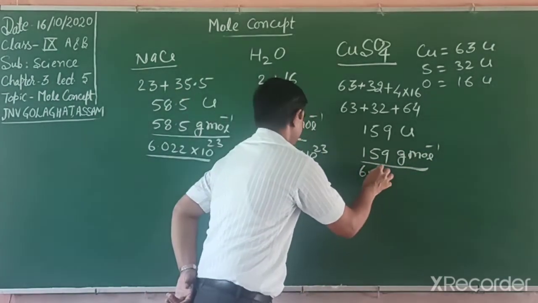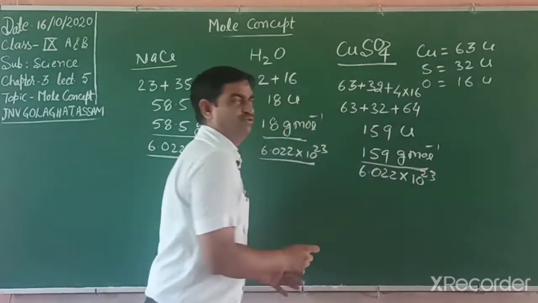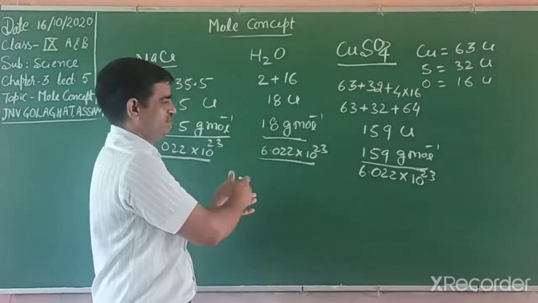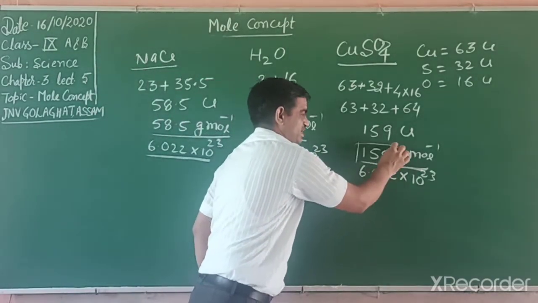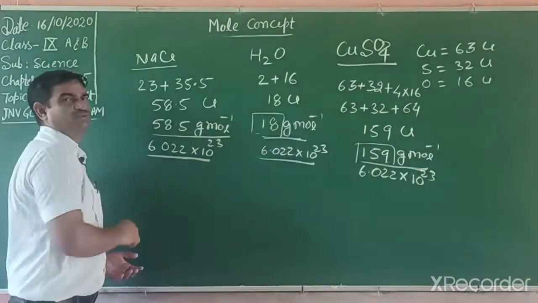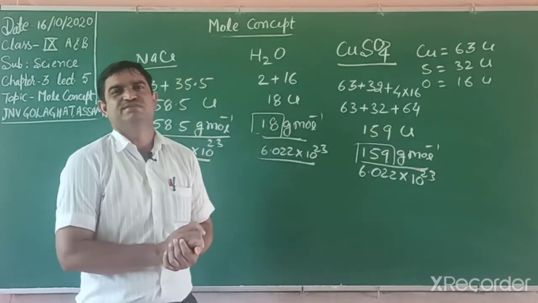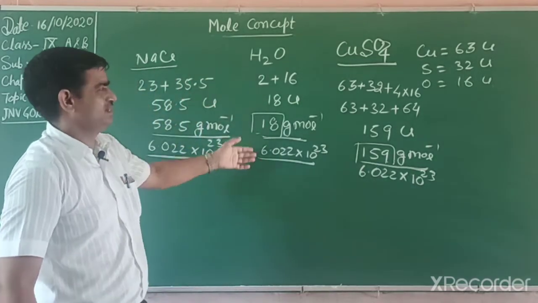So this is the similarity between these substances, because you can see we observe different masses. There is 159, water has only 18, and sodium chloride is 58.5, but the number of molecules is the same. Students, that is the concept.